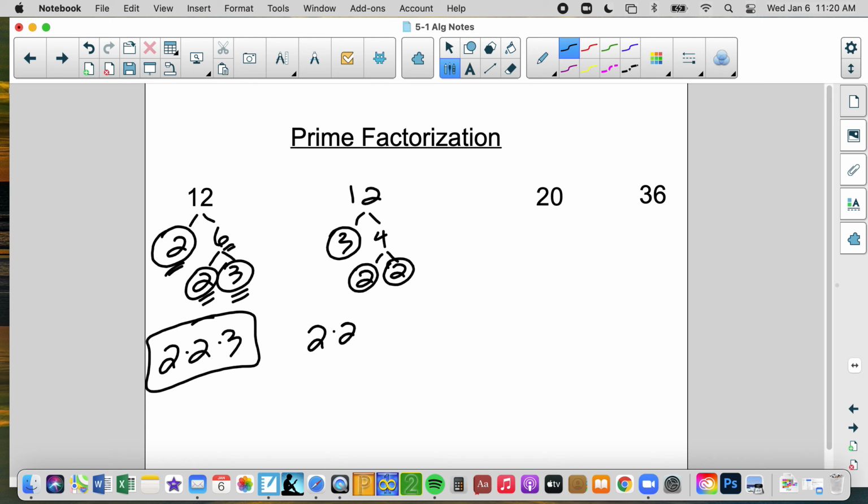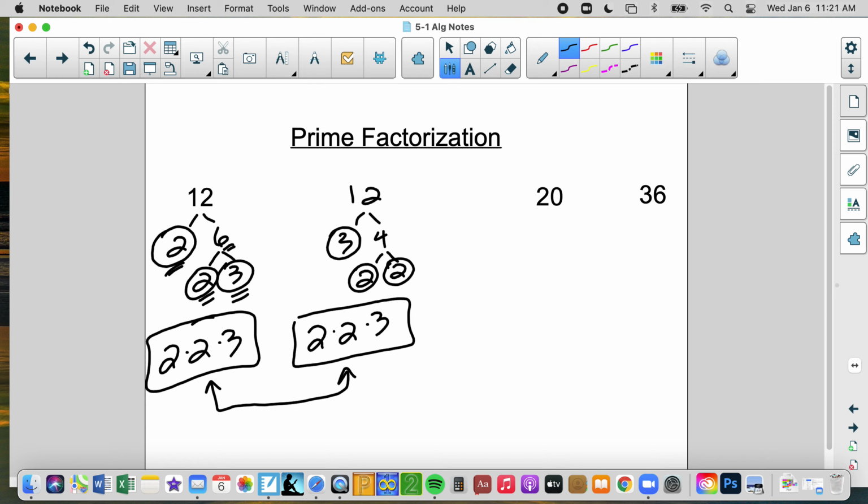And then remember, I'm going to write those prime numbers in numeric order, and we notice that we end up with the same prime factorization. So it doesn't matter which ones we start with, we're always going to end up with the same prime factors of the number.